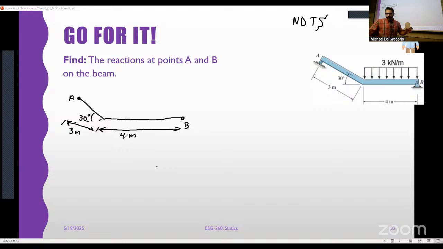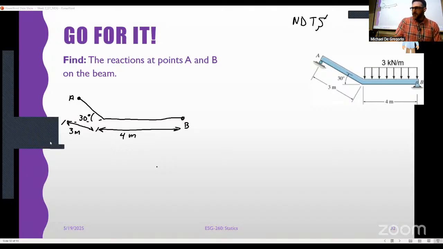That being said, we have to set up a coordinate system here, but first let's create our point load. How much point load do I have? 12 kilonewtons. How do I know that? Well, it's the area under the curve, right? And the area under that curve is 3 kilonewtons per meter over 4 meters, which is 3 times 4. Cancel the meters, I'm left with 12 kilonewtons.